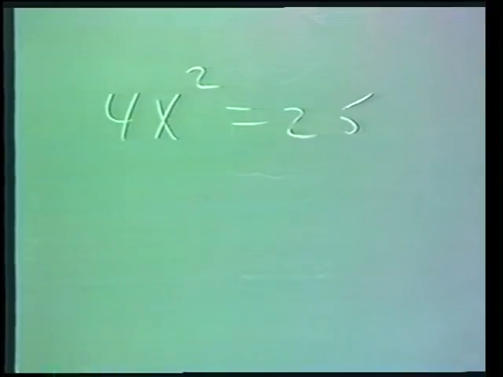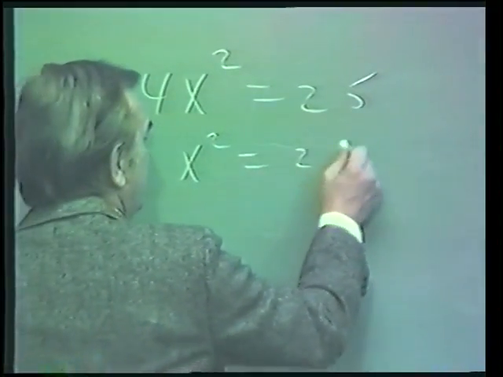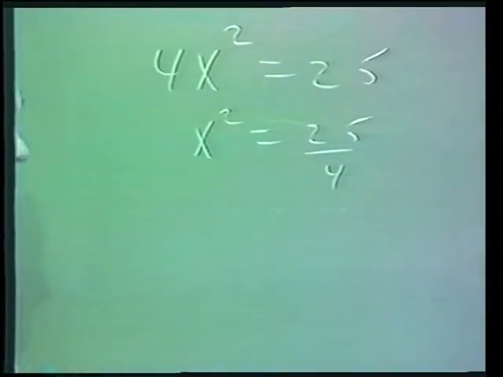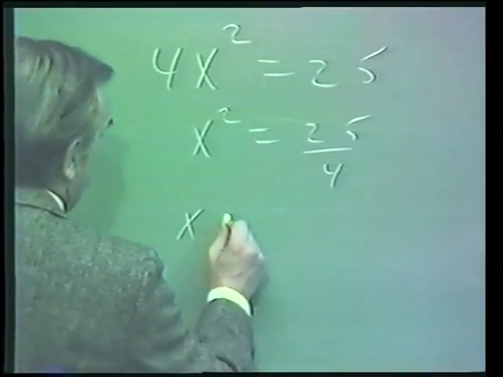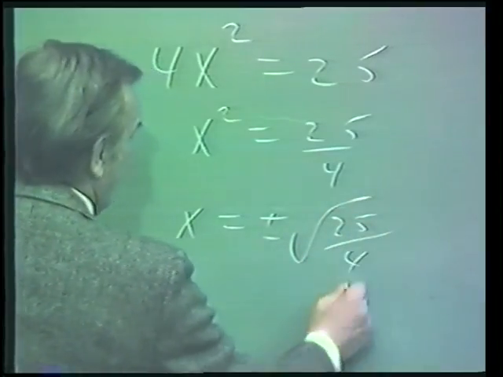Plus or minus 5/2. Very good. How do we get that? Well, what we want to do, Lynn, is get x squared all by itself. So that means we're going to have to divide both sides by 4. You get x squared is equal to 25 over 4. We're now going to take the square root of both sides. We get x equal plus or minus the square root of 25 over 4.